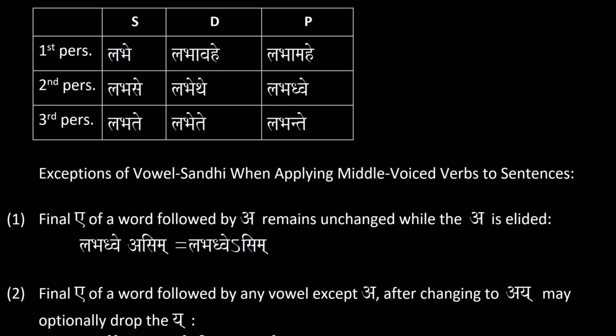A very important thing that we brought light to was the fact that because many of our termination endings for the middle voice start with a vowel, we have to be aware of the vowel sandhis, especially because for all of the different types of conjugations that we have done so far, we're adding an a at the end of the verbal root before you add your termination.